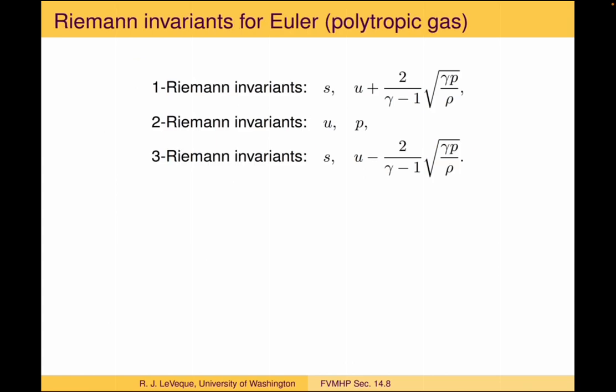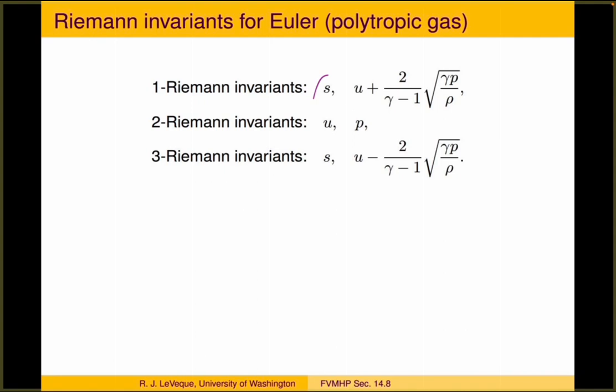There's also this concept of Riemann invariants that we looked at for the shallow water equations, and for the Euler equations we have a system of 3 equations, and it turns out that for each wave family there are 2 Riemann invariants. So if we look at a one wave, for example, then the 2 Riemann invariants are the entropy S and this other quantity, where this square root of gamma p over rho is the speed of sound, remember.